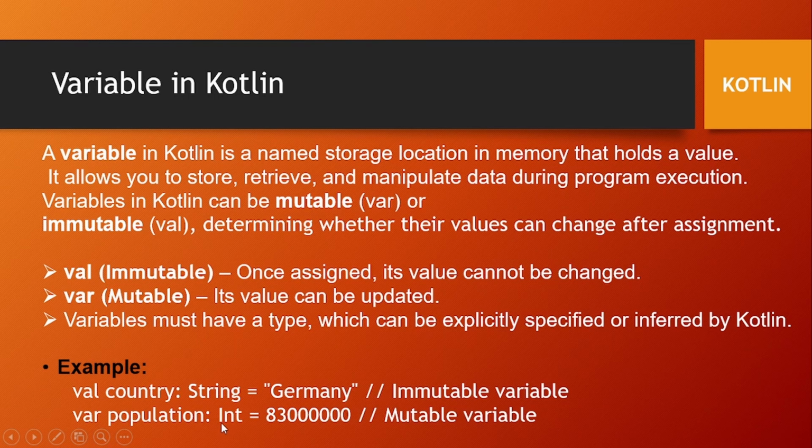Unlike in other programming languages, the I is capital here, while in other languages it is a small letter. Equal to an integer value, which we should use according to our data type, otherwise it will be an error. So we assign an integer number inside population. It will be mutable, and in the next line we can change its value.